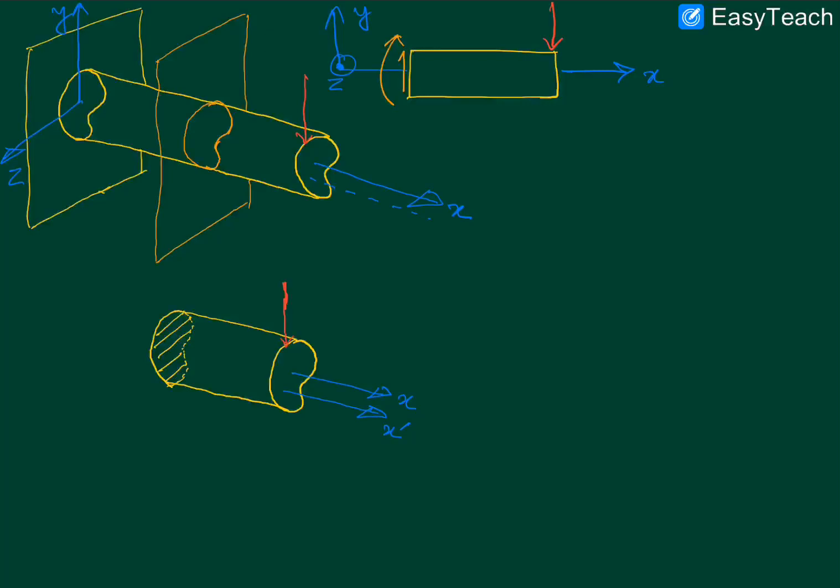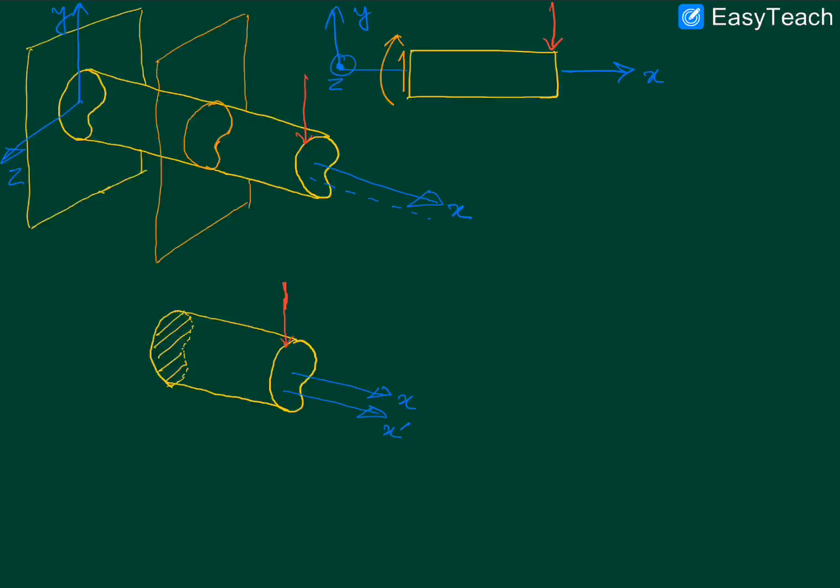But the question of whether this entire thing is undergoing a twist can be answered only when we consider not only the torsional moment of this transverse force, but also the torsional moment that is contributed by the entire distribution of shear stresses which is present on this hatch section.